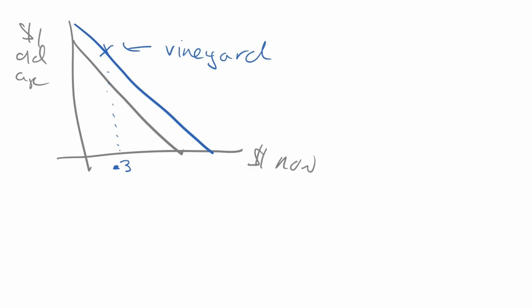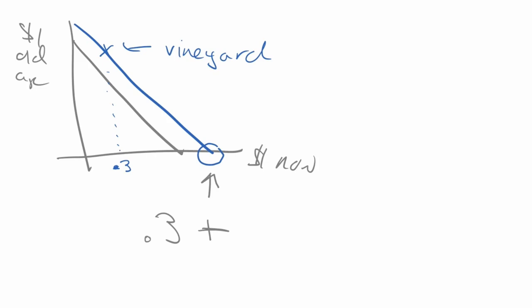How does that work? Well, let's take as an example this extreme point right here at the bottom. Susie wants to consume everything today. So if she wants to consume everything today, what is this point? Well, remember, she has 0.3 that she didn't have to spend on the vineyard.